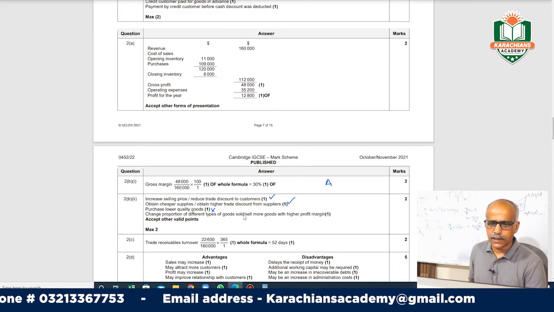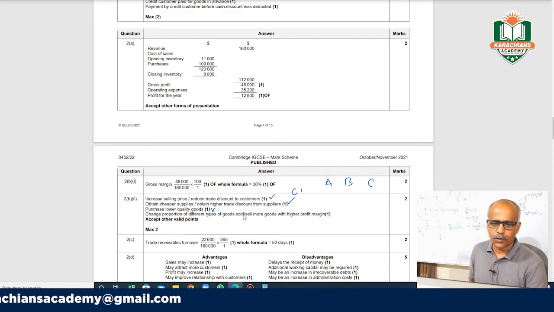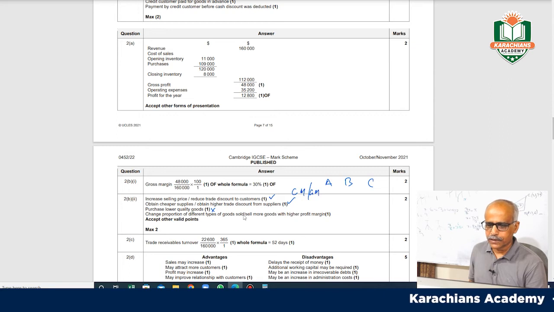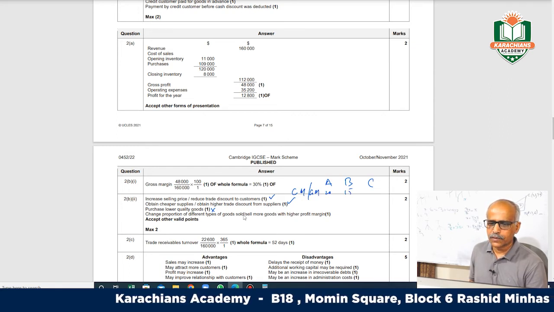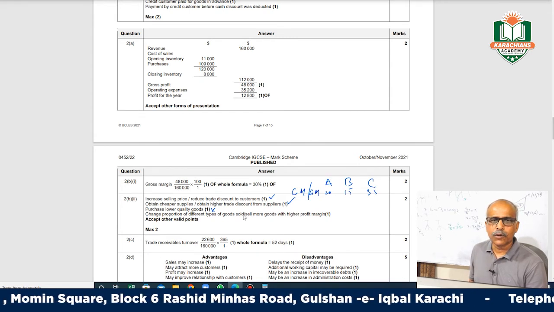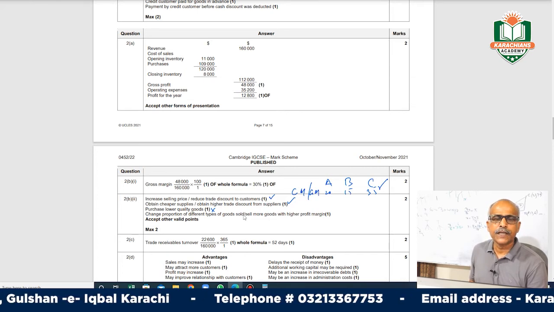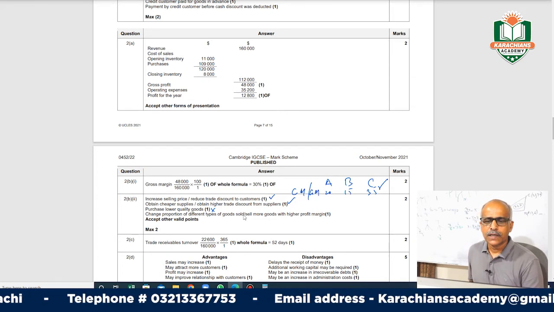If you are selling A, B, C, and your contribution margin or gross margin is, say, 20 here, 15 here, 35 here, then where you are getting more margin, on 35, you should change your sales mix. This is called sales mix.